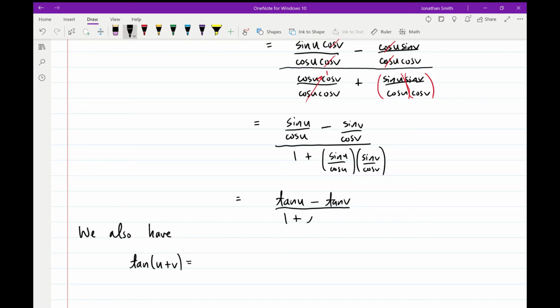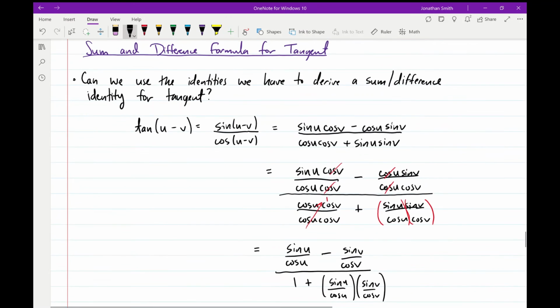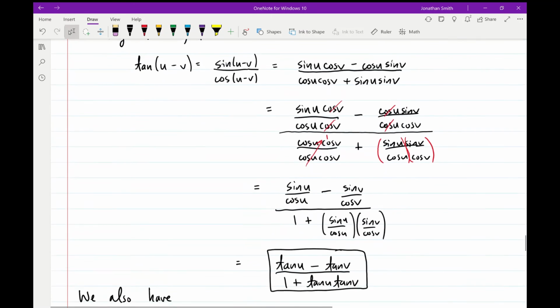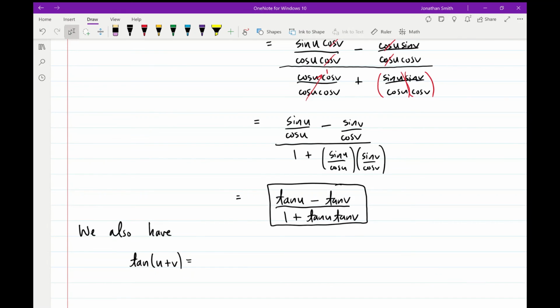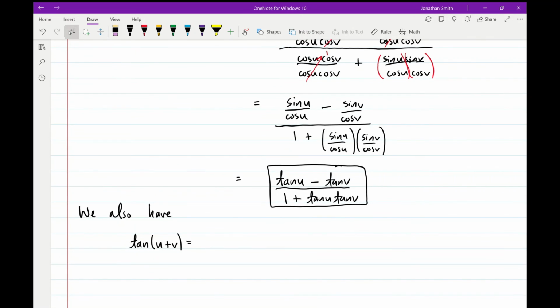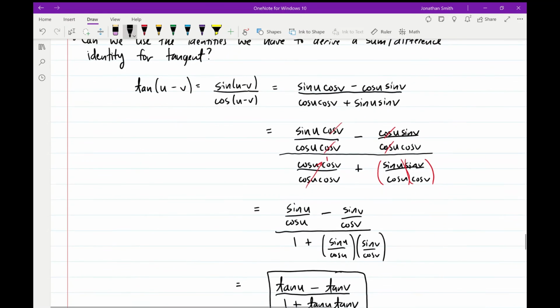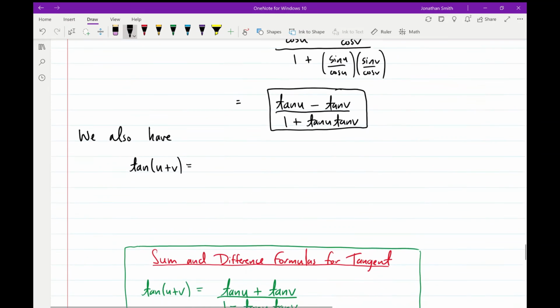And in the bottom, we get a tangent of u times tangent of v. So now we've taken this expression that we had, tangent of u minus v, the difference of angles, and we've rewritten it using just tangent, and just evaluating tangent at the angles u and v and putting them together in some nice way. So this is our new identity for the difference of angles with tangent.